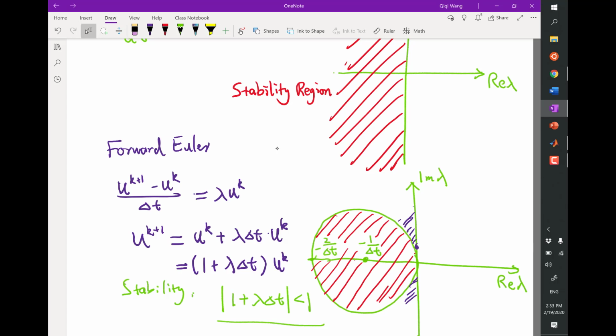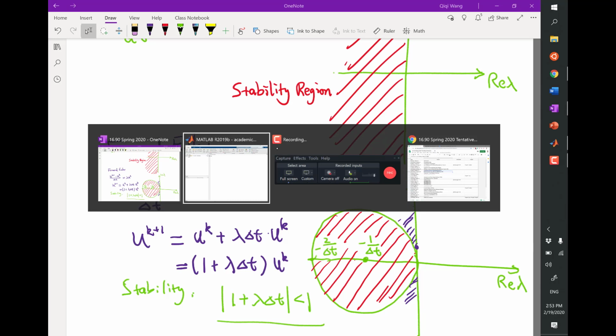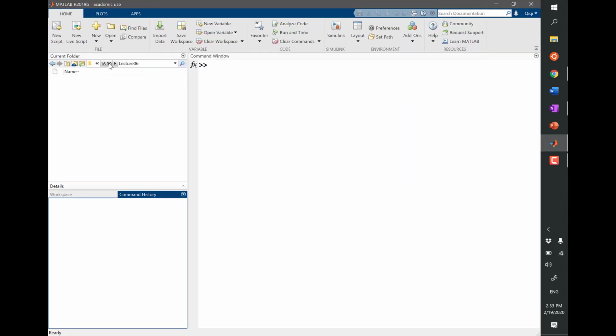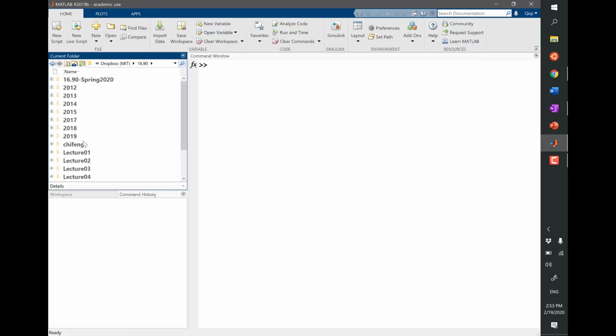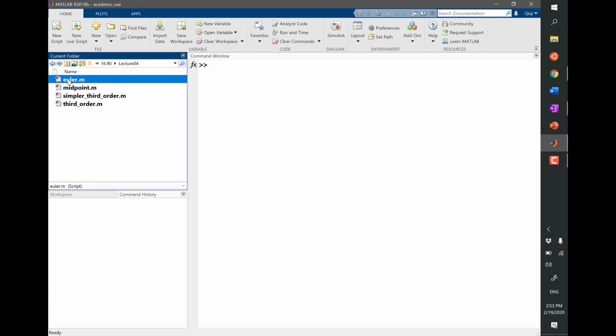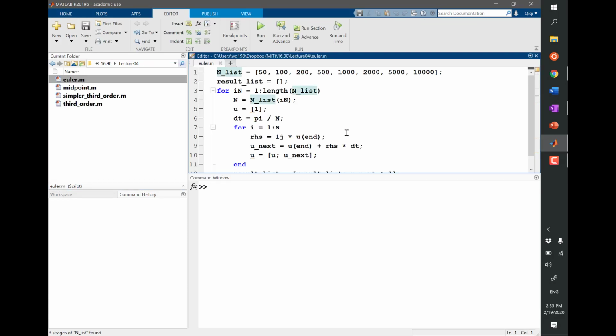But forward Euler would not be stable, and that's something we didn't really focus on, but we can observe by looking at our previous lecture. I think this Euler is still the Euler that we use. Let's just pick an n of 500, which is neither large nor small, right?